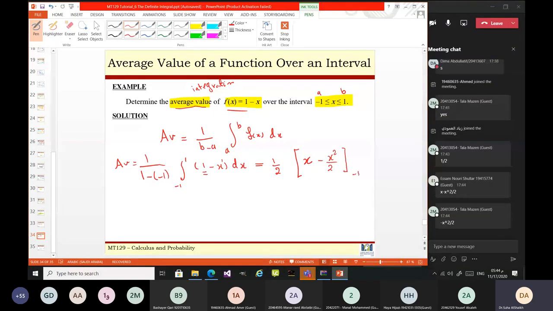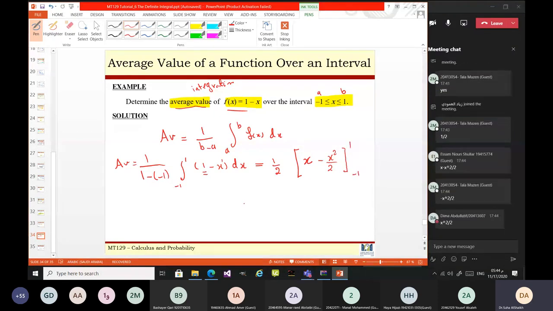And the integration is from minus 1 to 1. I don't forget that I have the half outside, and we substitute once with the 1 and once with the minus 1. Substitute with the 1, it's 1 minus half, minus the substitution with minus 1, which is again minus half.